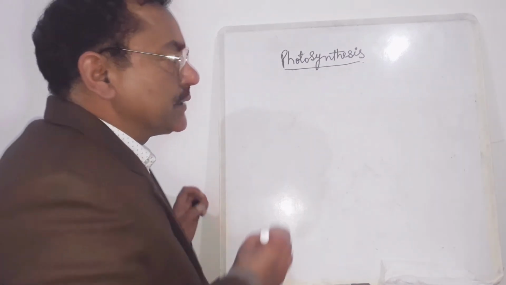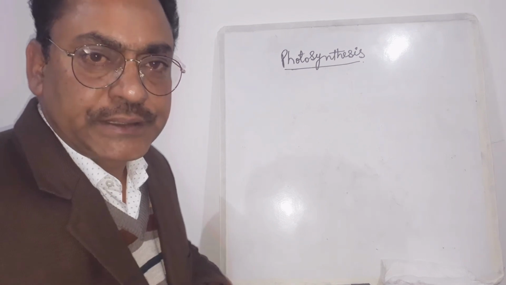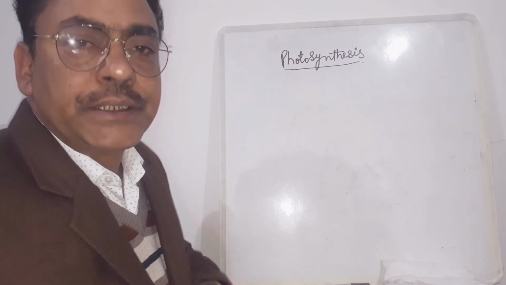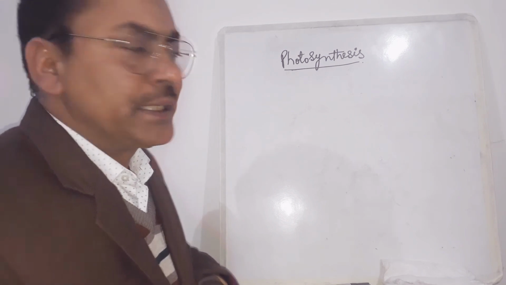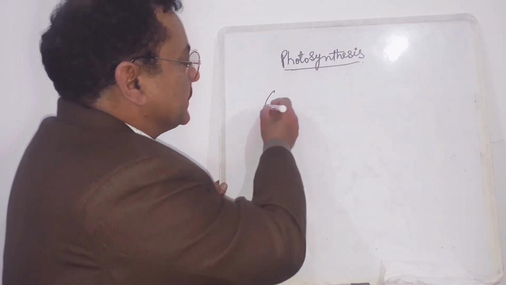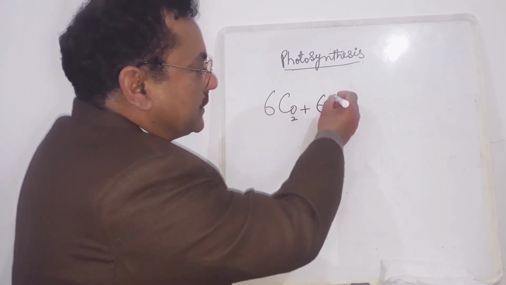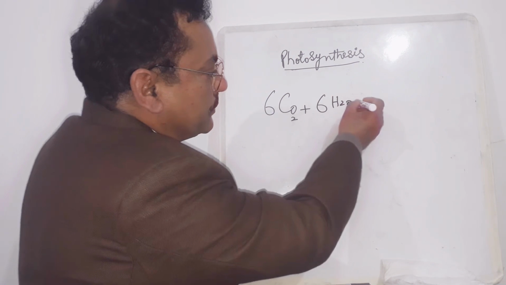The generalized equation for photosynthesis has been written since earlier times, like 6 times CO2 plus 6 times H2O.